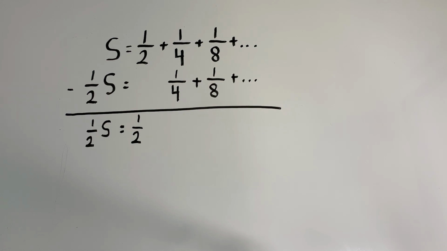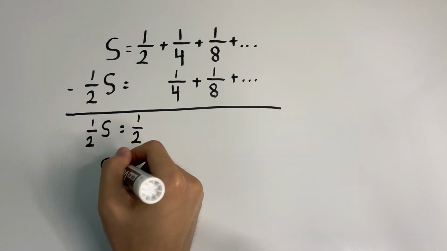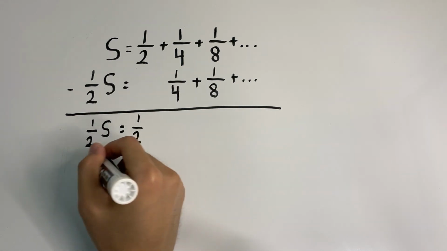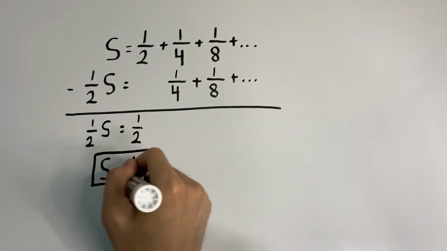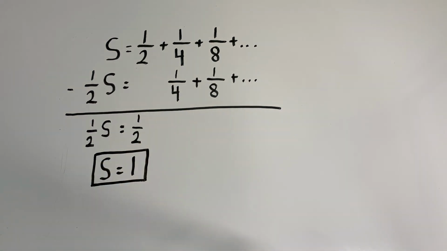You get the idea. Now from here, all we need to do is find S. Well, luckily for us, S is just 1. So this infinite geometric series does indeed evaluate to a value. It evaluates to 1.